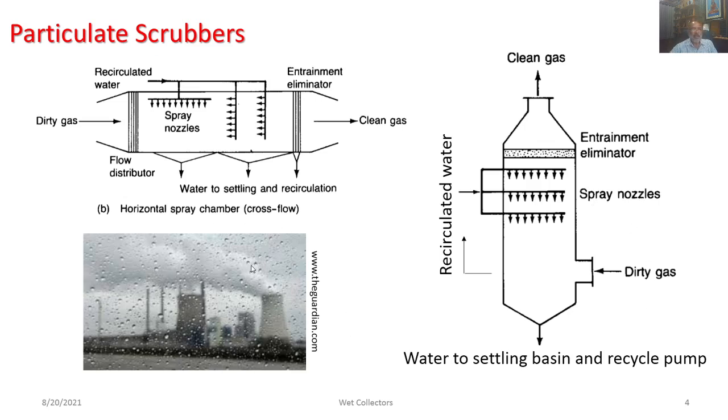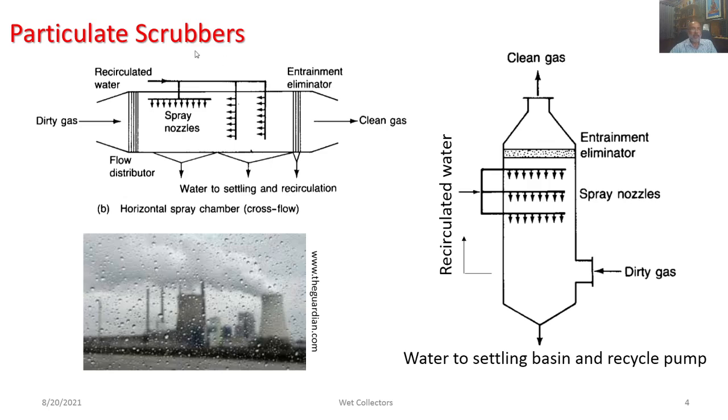The analogy of this scrubbing could be the interaction of the gaseous stream laden with particulate with the drizzling drops of rain. In a similar manner, in a closed container, there could be such horizontal spray chambers which are cross flow type.